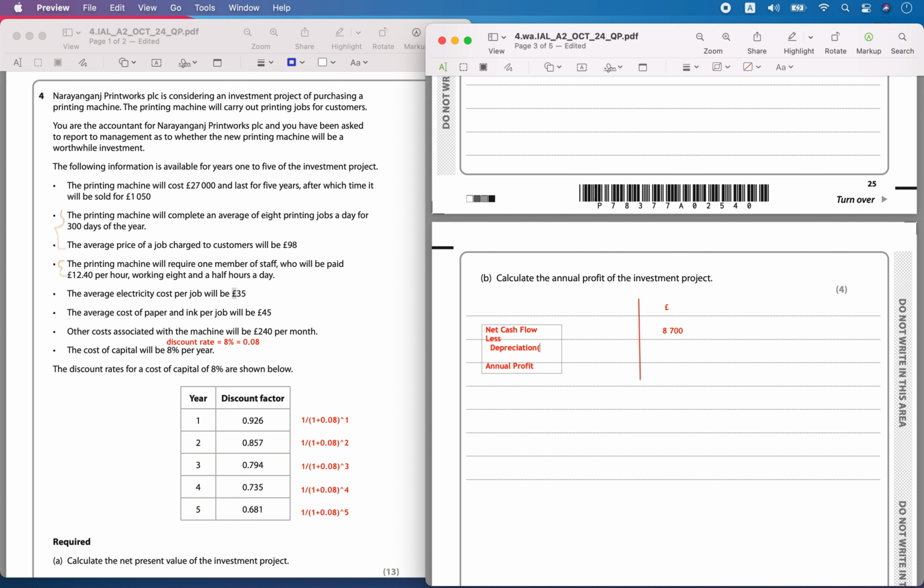The depreciation amount will be equal to, so the cost is 27,000, and then the value it's worth is going to be 1050 at the end of 5 years. So this will be the depreciation amount that will be used. So it will be equal to 5190.